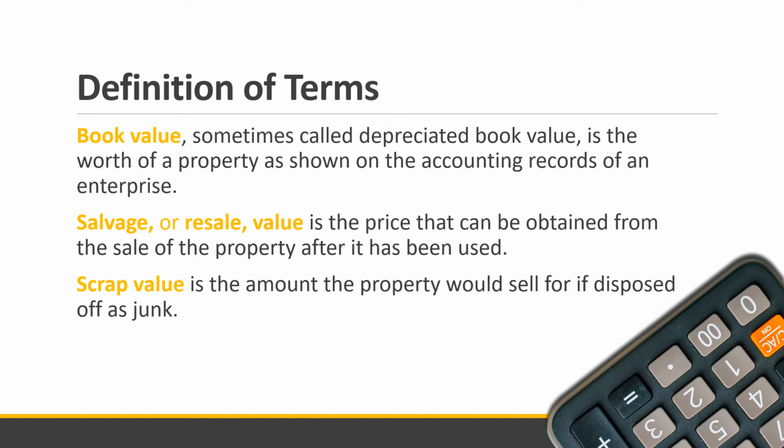And then book value, sometimes called depreciated book value, is the worth of a property as shown on the accounting records of an enterprise. So book value is the present value of a property.